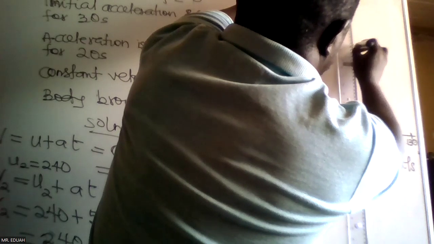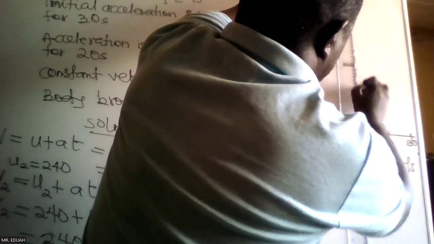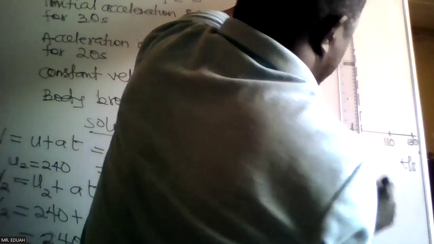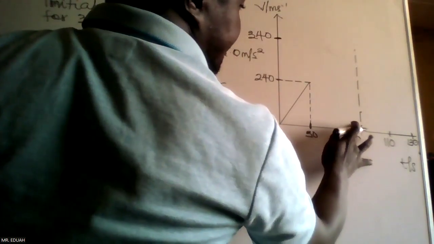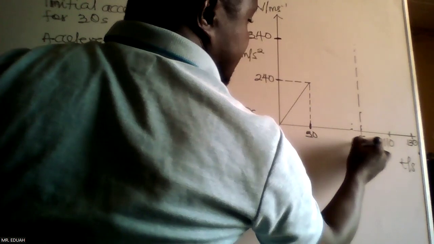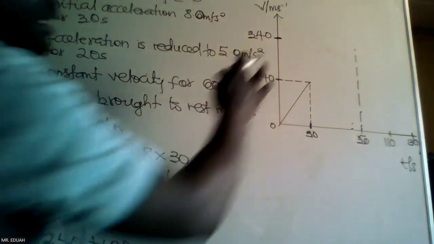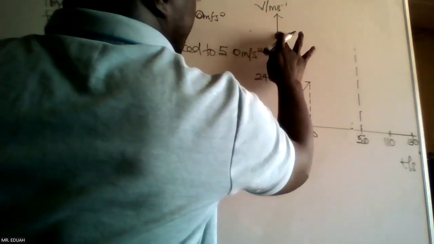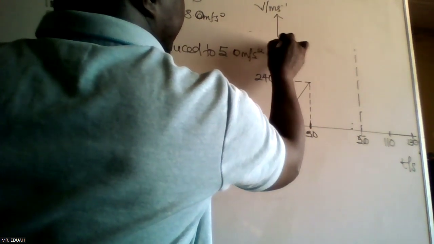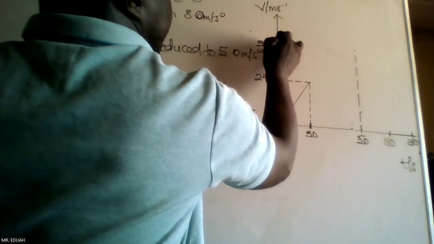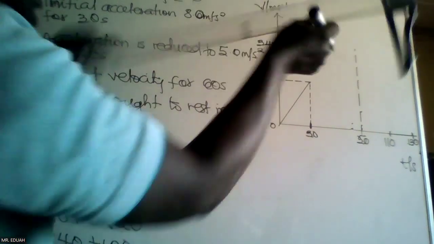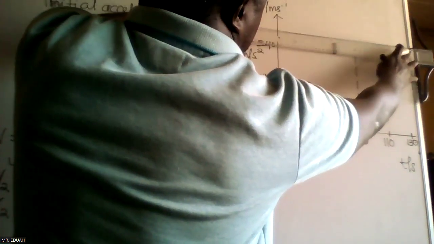Or let me extend the time so that it will drop the gradient well for me. So I'm assuming the 50 seconds is here. And then the velocity of 340 is here. And I'm making these changes so that I'll have a lesser gradient compared to the first one.